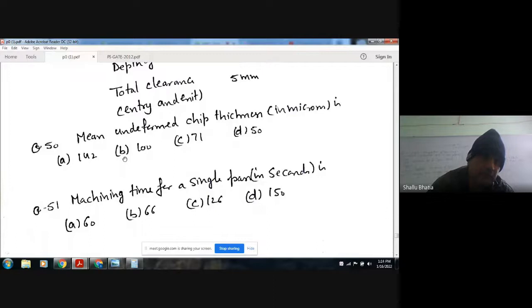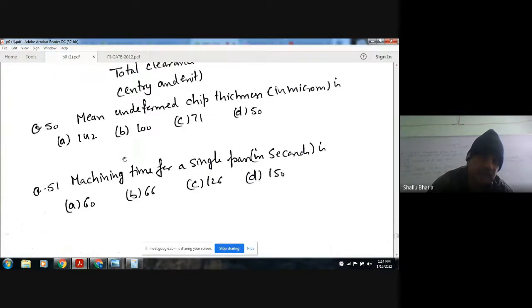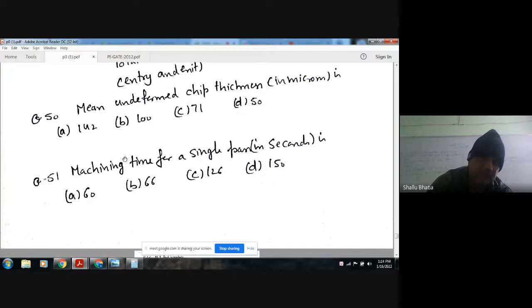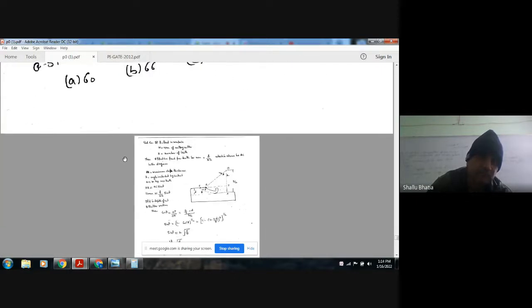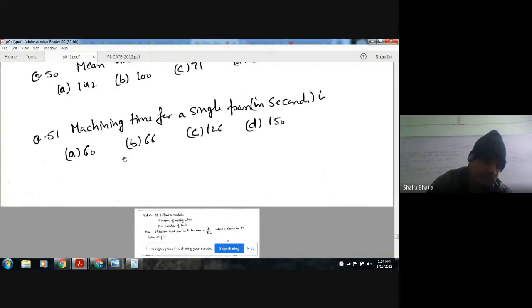The mean undeformed chip thickness in micron is: option A 142, option B 100, option C 71, option D 50. The machining time for a single pass in seconds is: A 60, B 56, C 126 and D 150.